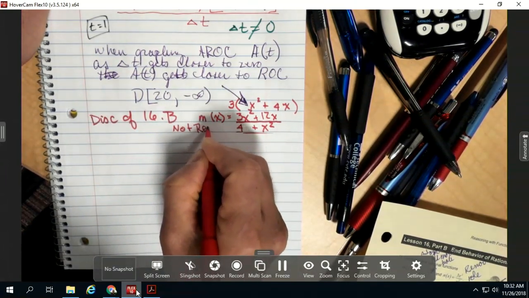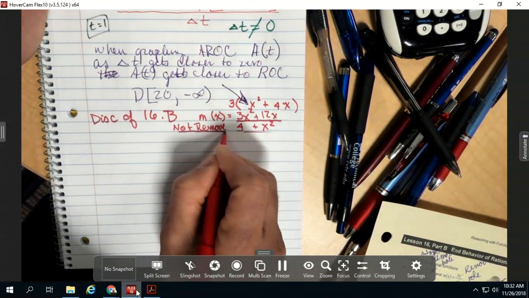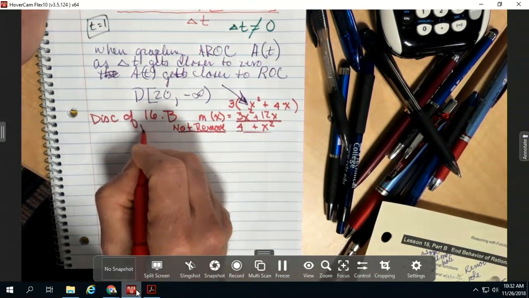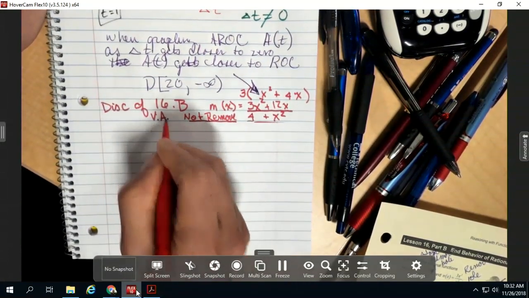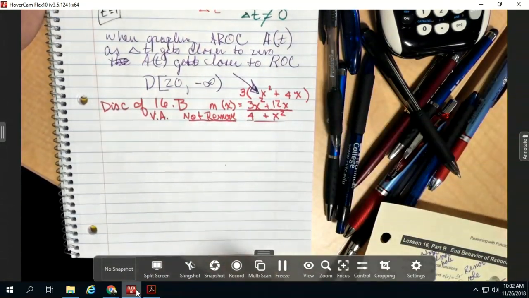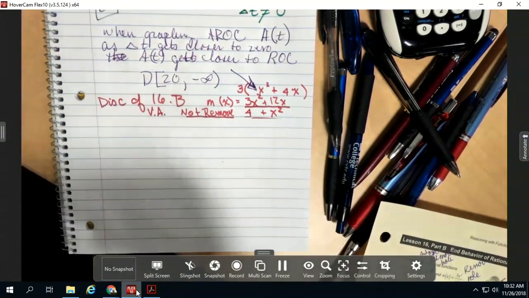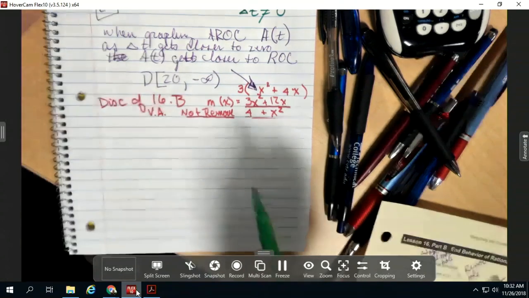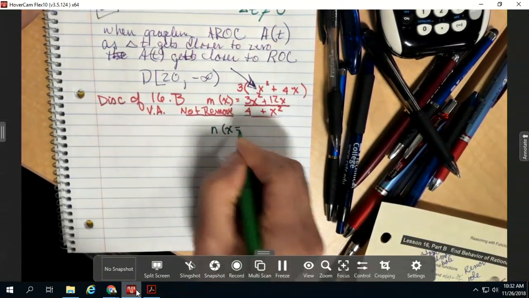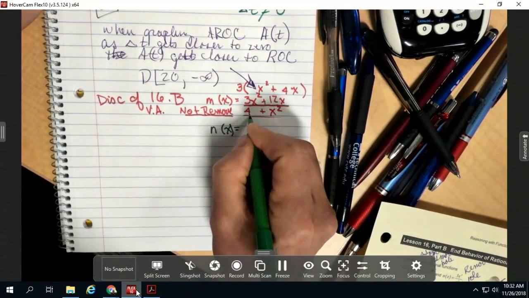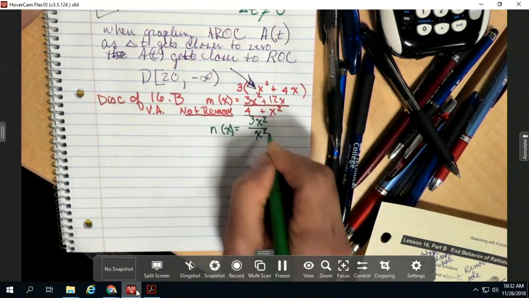Is it removable? Not removable, right? So it's going to be a vertical asymptote. Let's look at the next one. N of x equals 3x squared over x squared.